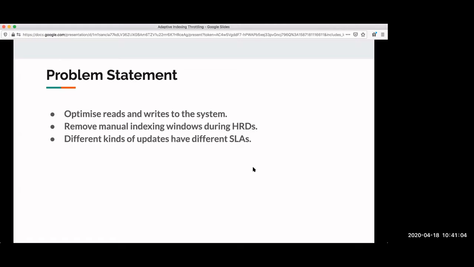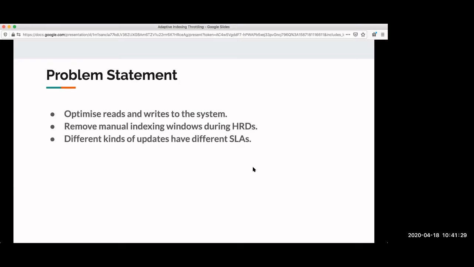So what we used to do before this indexing throttling system was built, we used to create a schedule out of it. So we used to say, okay, discount team, these are the 4 hours you have. You should index all your updates in these 4 hours. And then probably we'll give you another slot. Then we would go to the cataloging team. We'll say you have these 2 hours, do all your bulk updates in these 2 hours. And then probably we'll give you another slot if it's required.